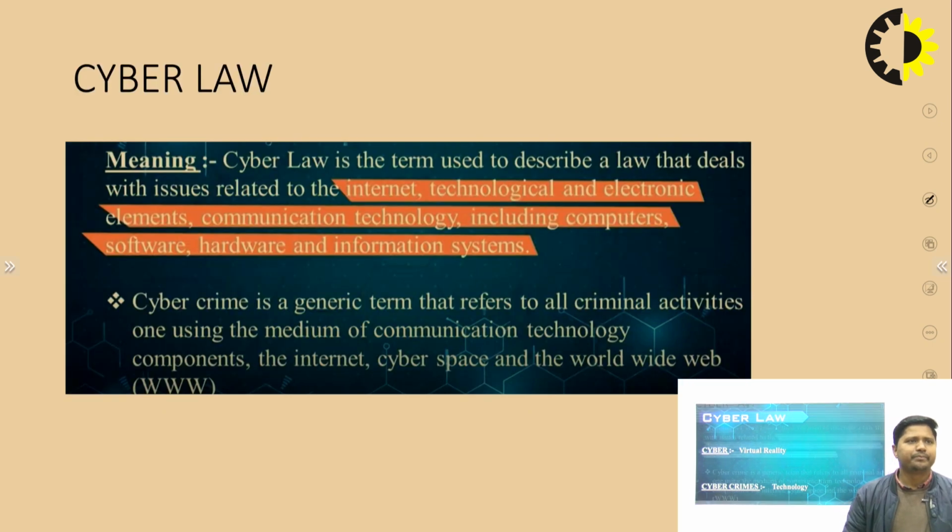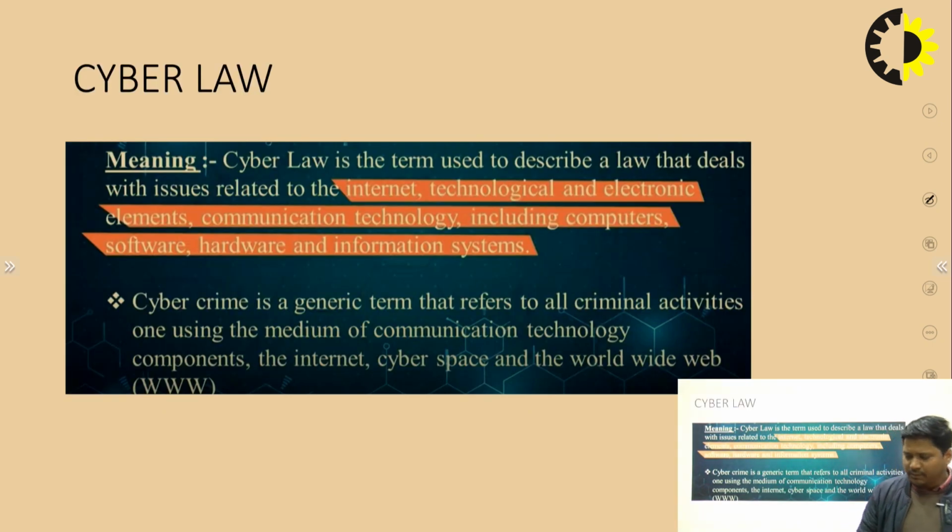So basically cyber law is a term used to describe the law that deals with uses related to internet technology and electronic elements.